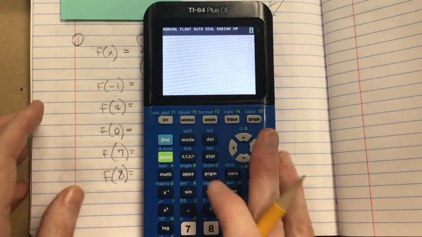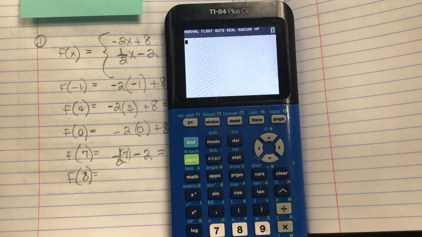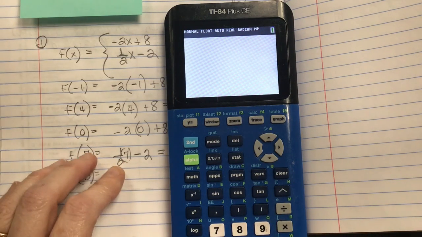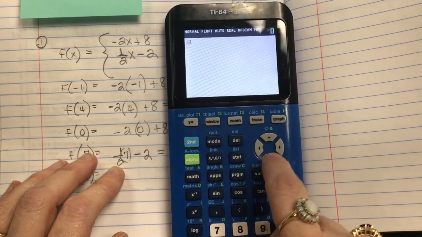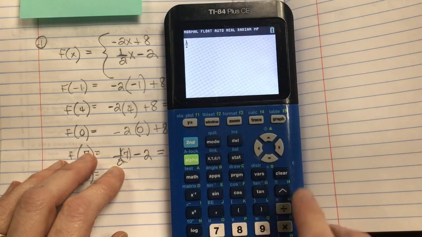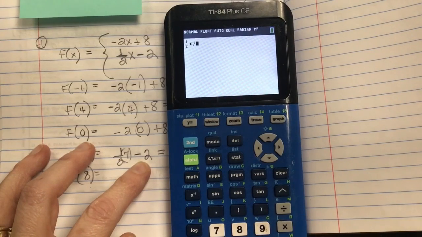So if you go to your home screen, and if I type this, because I've been looking at mode and I've been looking at format thinking it was a key that you push there, but it's actually the way you put it in. If you use, when you're graphing, the fraction like alpha x, 1 over 2, arrow over, times 7, minus 2, it will give you the fraction answer.